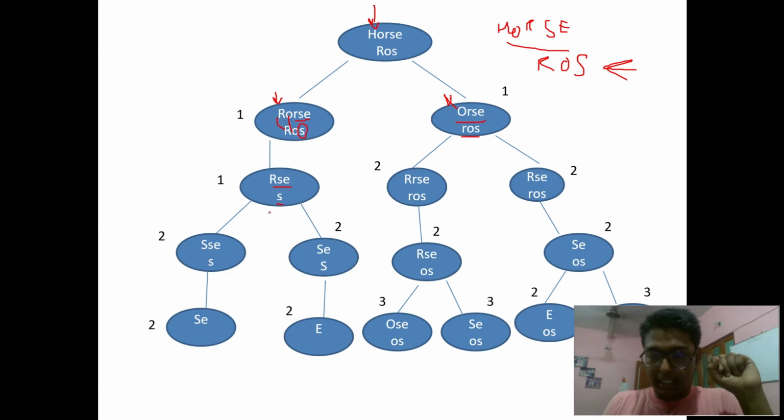Since R is not matching with S, either I can delete it or replace it. After replacing R with S, here it is, and after deleting R, here I have deleted.